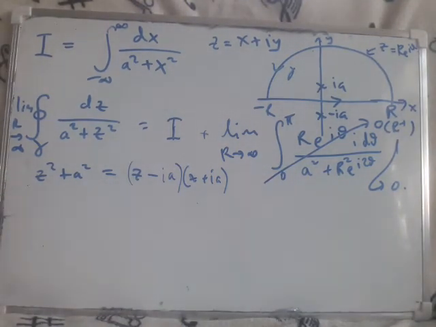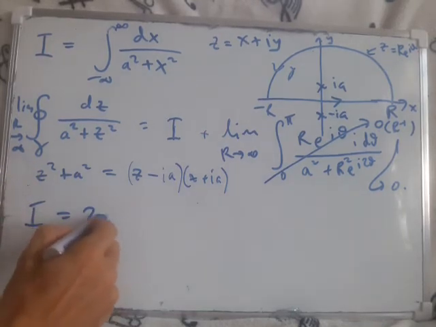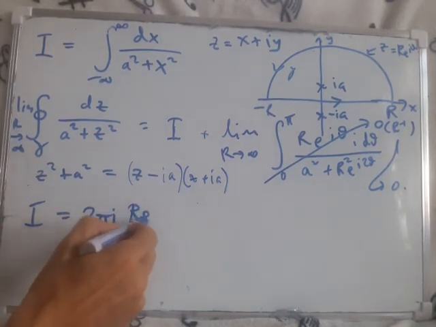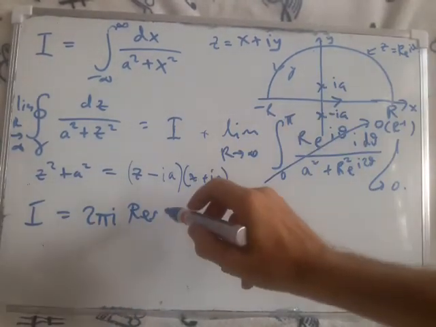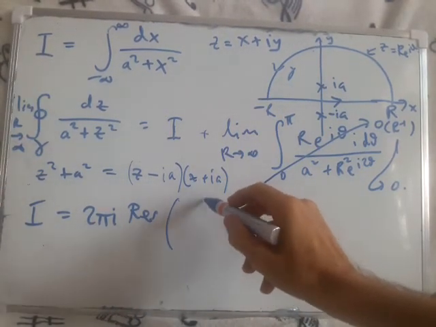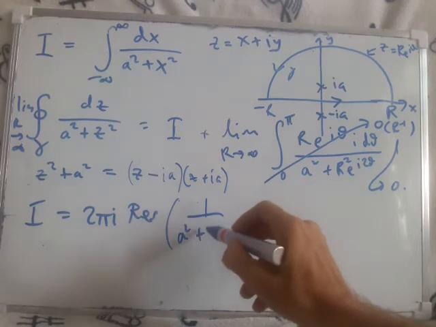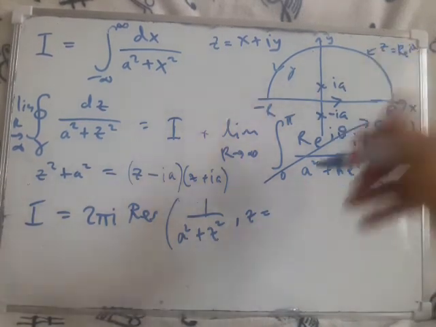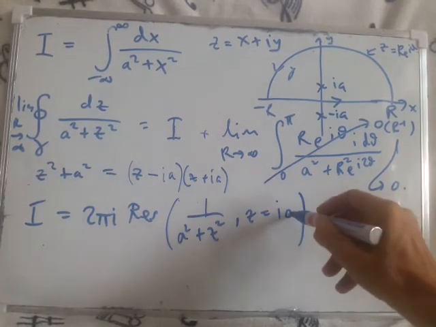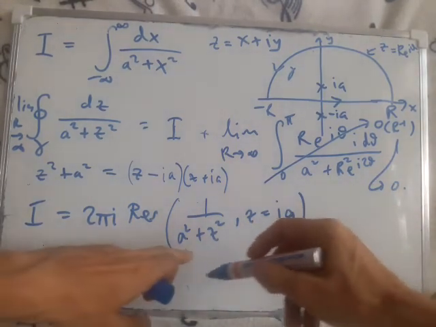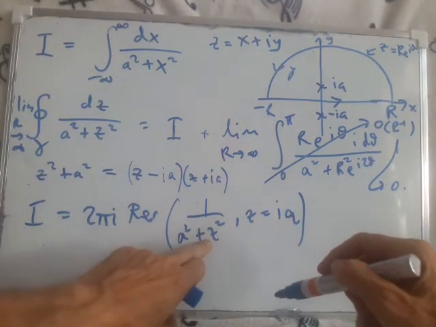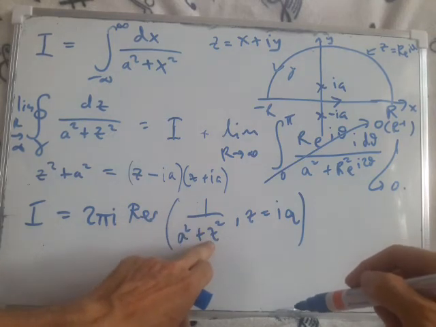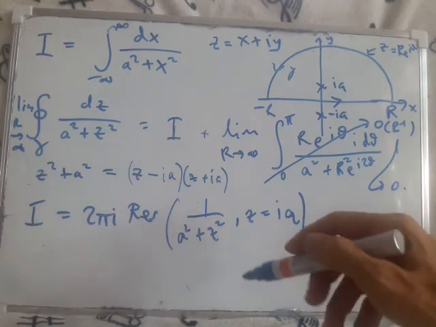So we now have that I, by the residue theorem, is 2 pi i times the residue of the function we're considering, 1 over a squared plus z squared, evaluated at z equals ia. So now we're good at doing residues. This is p over q, so we want p over q dashed.